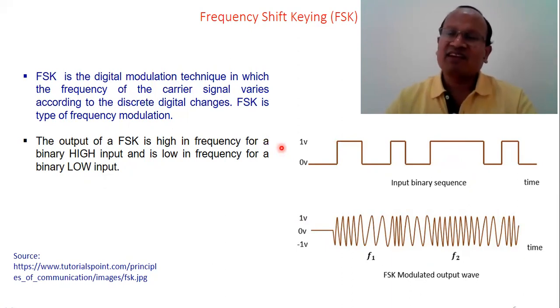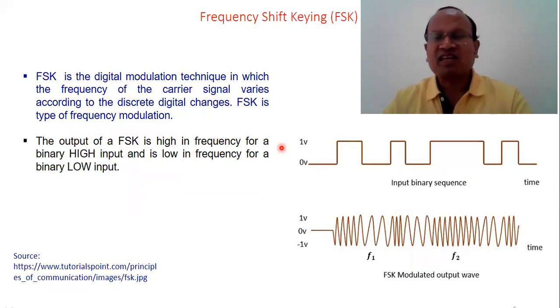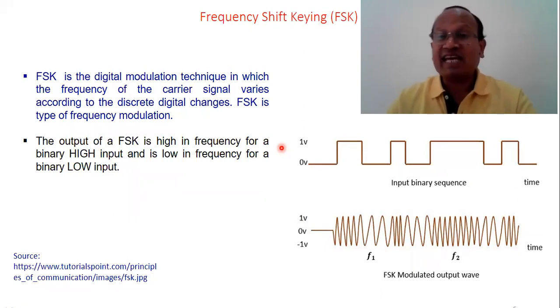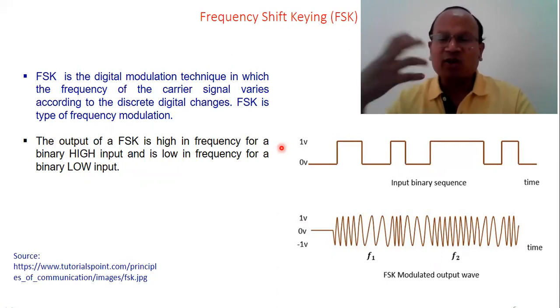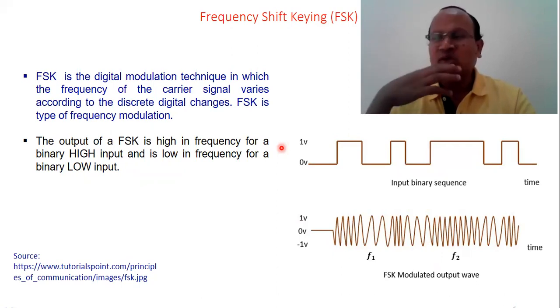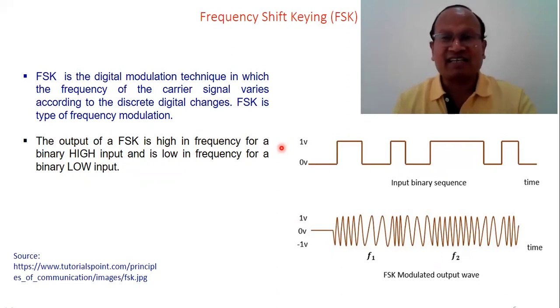But in frequency modulation in analog communication, the message is continuous, and the change in frequency is continuous, which follows the change in the instantaneous value of the modulating signal.